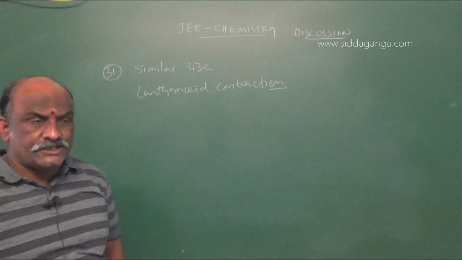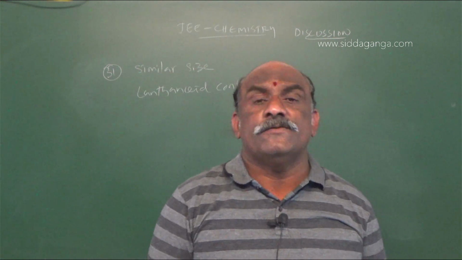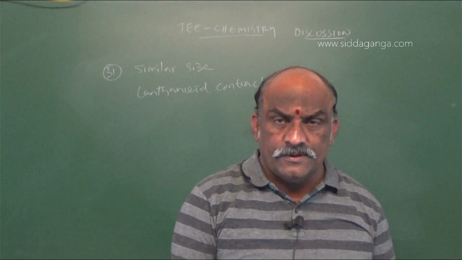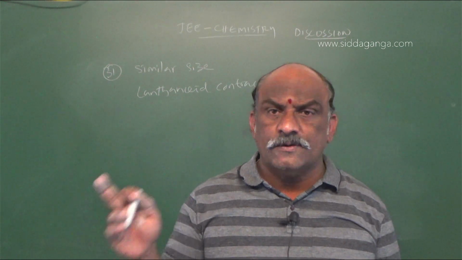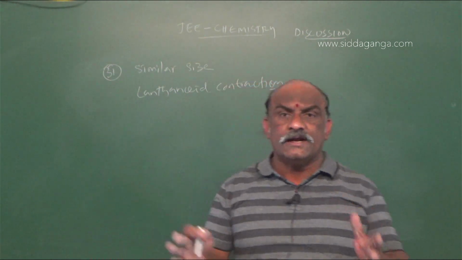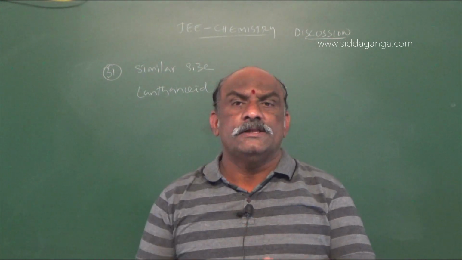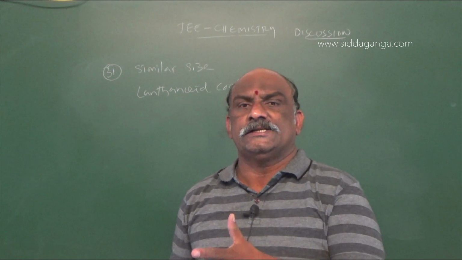Lanthanoid contraction is due to the poor screening effect of f orbitals. Because of the peculiar shape of f orbitals, they do not protect the outermost electrons from the nuclear attraction. Then the outermost electrons are strongly attracted towards the nucleus, and the size gradually decreases.